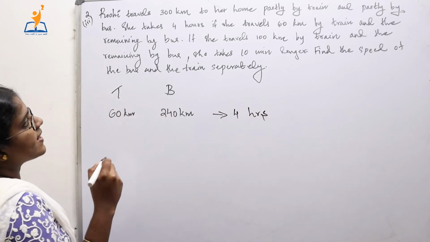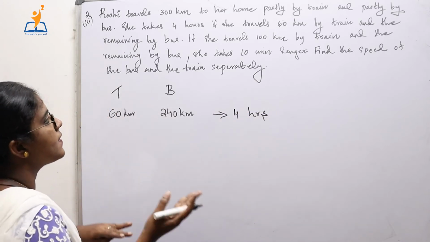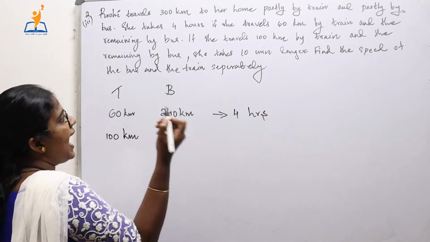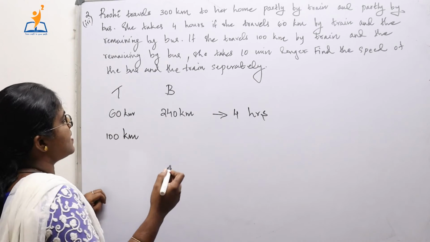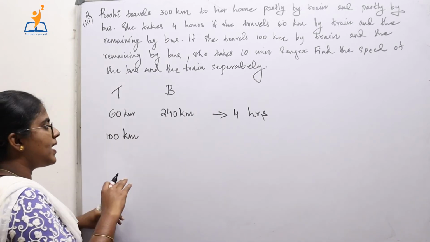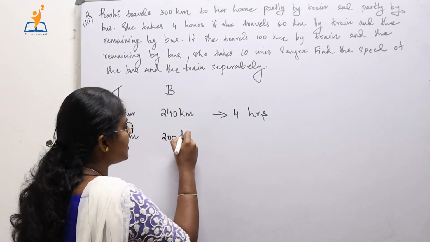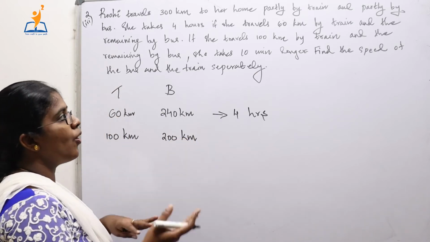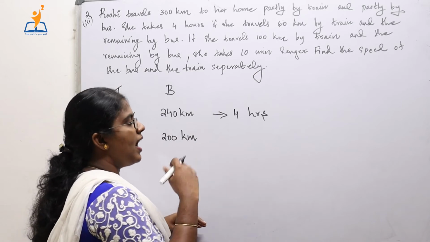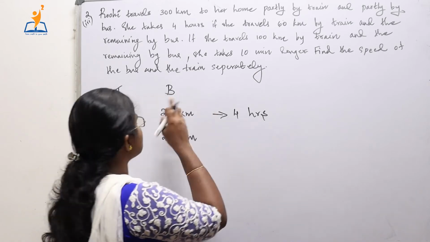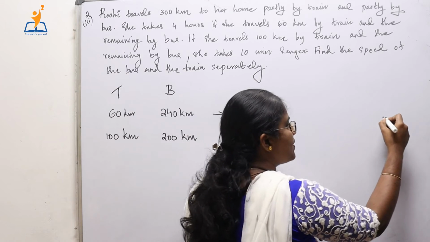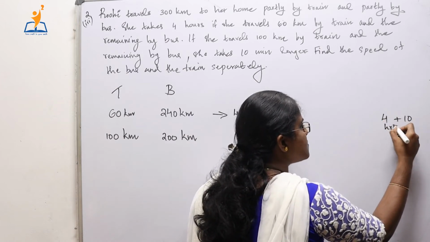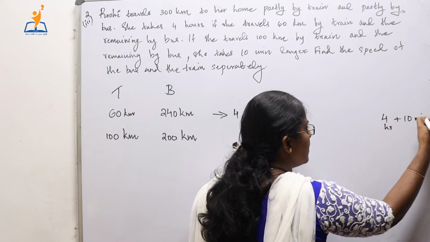Now the next condition is, if she travels 100 kilometers by train and the remaining by bus, remaining means 300 minus 100, that is 200 kilometers by bus, she takes 10 minutes longer than the other. So she took 4 hours in the other case, so 10 minutes longer means 4 hours plus 10 minutes.